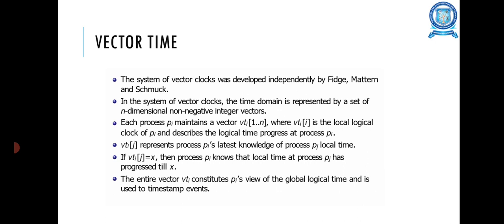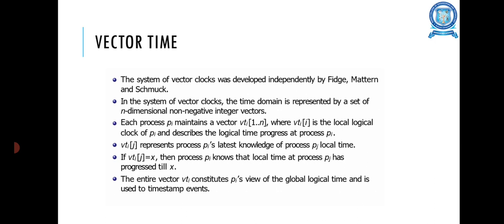Each process Pi maintains a vector Vti[1..n], where Vti[i] is a local logical clock of the particular process Pi and describes the logical time progress at process Pi. Vti[j] represents the process Pi's latest knowledge of the process Pj's local time.